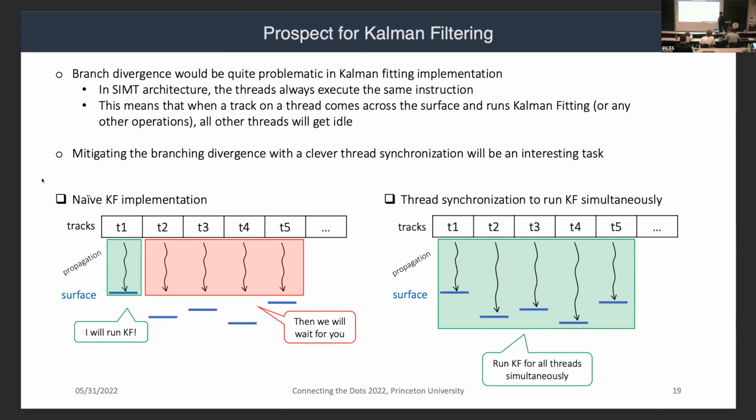We still don't have anything for the Kalman filtering yet, but we definitely have a good plan for the Kalman filtering implementation. One expected difficulty with the Kalman filtering or combinatorial Kalman filtering is the branching divergence. It's from the nature of the SIMT architecture.